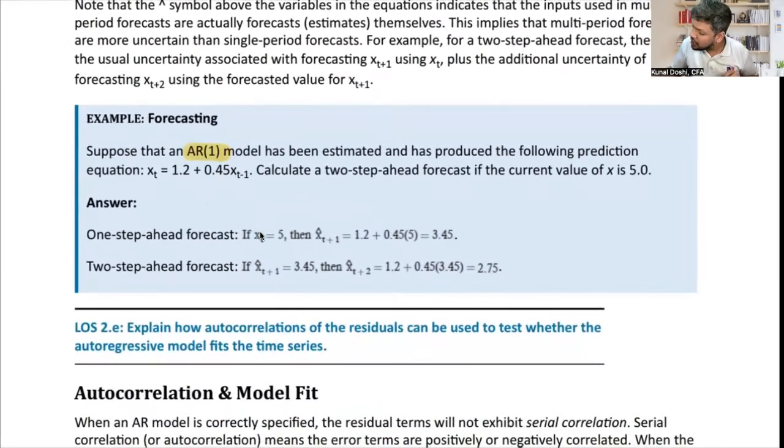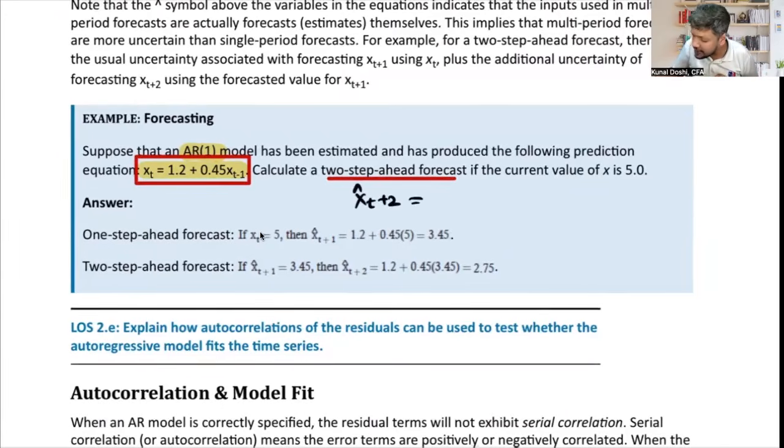Suppose that the AR1 model has been estimated and produced the following prediction. Okay. This is the current year based on the past. Calculate a two-step ahead forecast. So I want X T plus 2, which is what they want me to predict. That is based on T plus 1, isn't it?